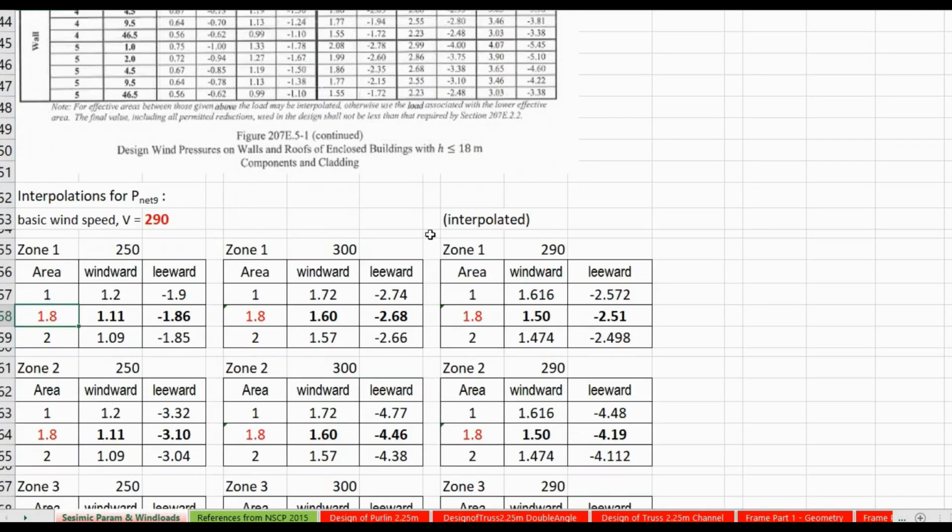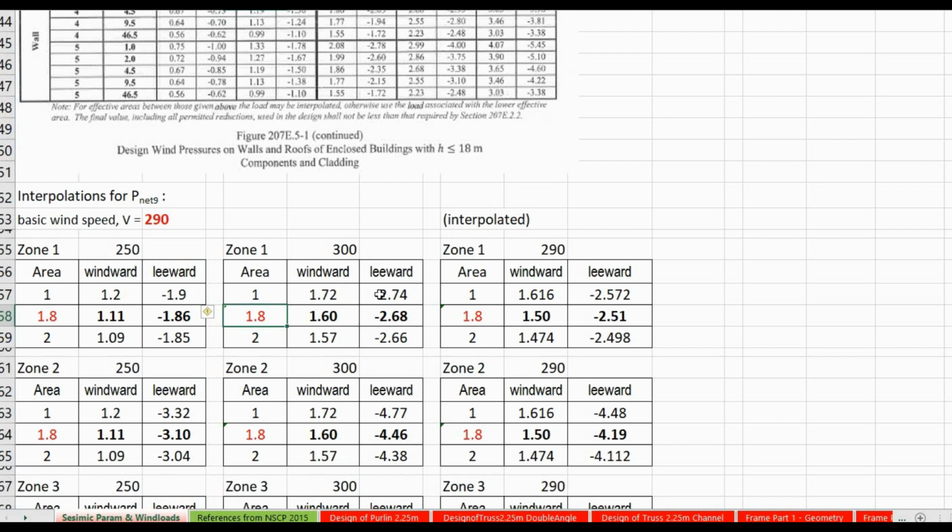Yan po ang ilalagay natin dito. Okay? Next, for 1.8, you do interpolation. Okay, so you have 1.6 and negative 2.68. Yung 1.6 na yan, that is between 1.7 and 1.72. Yung negative 2.68 is between negative 2.66 and negative 2.74.